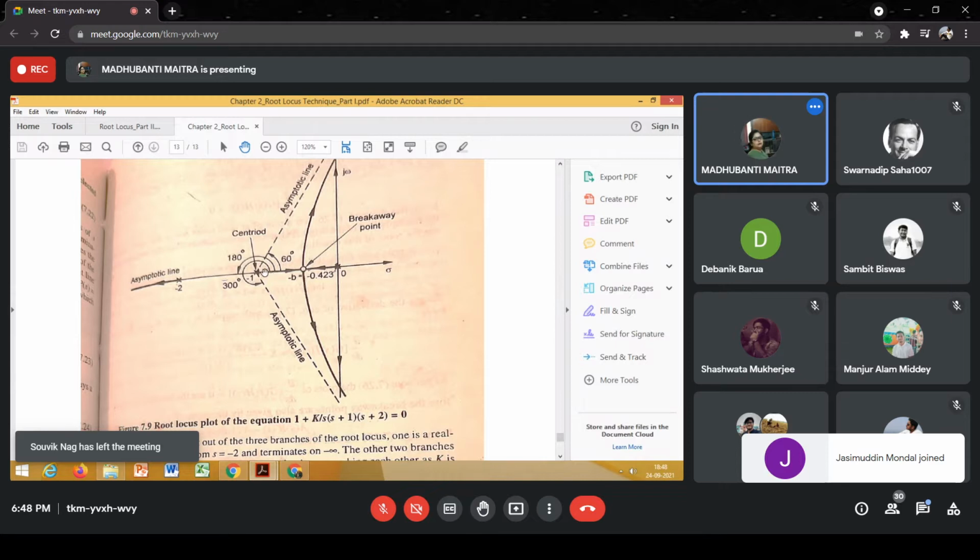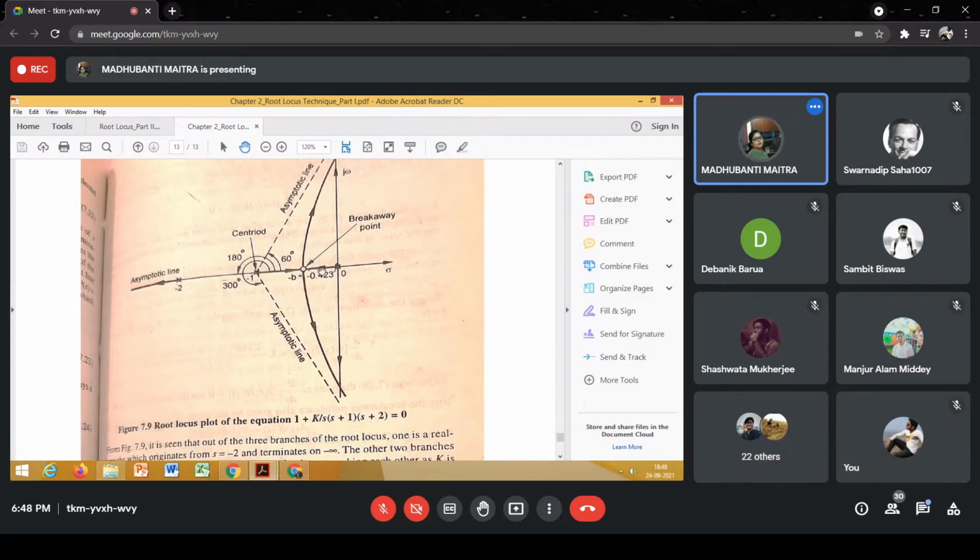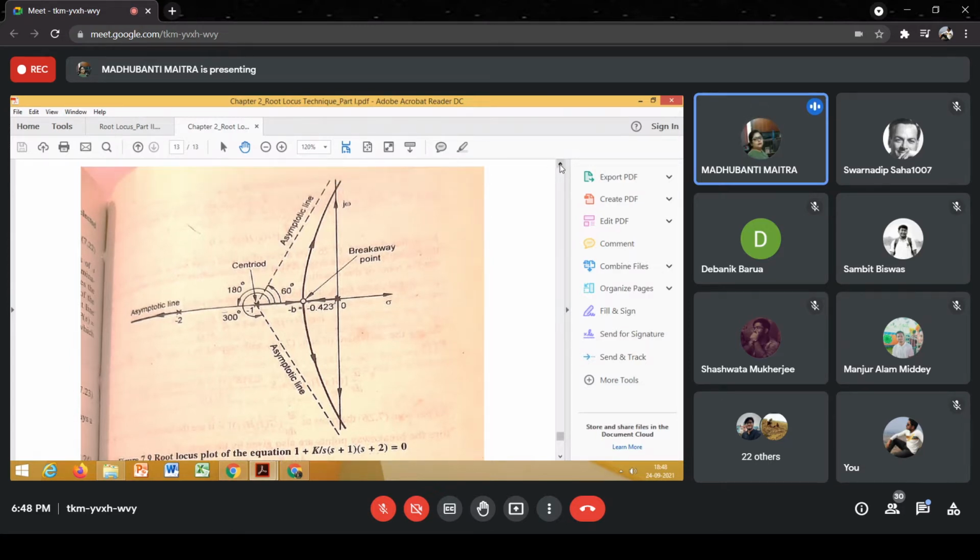Could you please sketch this part of the locus, or rather, just very quickly sketch this particular locus. A rough sketch will do.